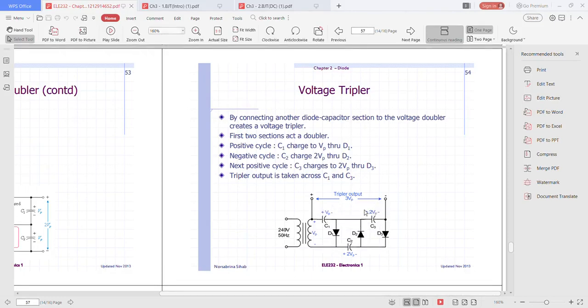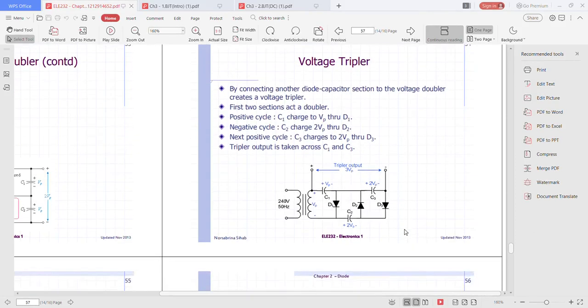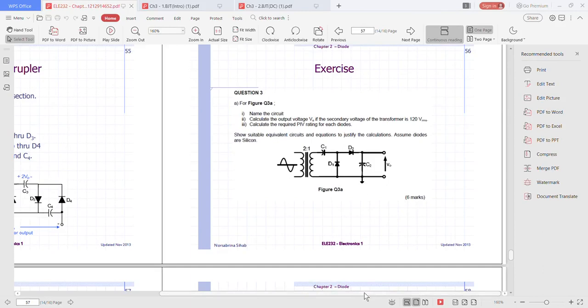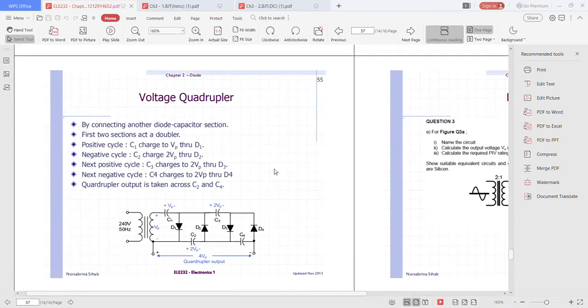Okay, alright, this is the output, which is 3 Vp. Okay, this is for the voltage tripler, where the output is taken across C1 and C3. Okay, C1 and C3.